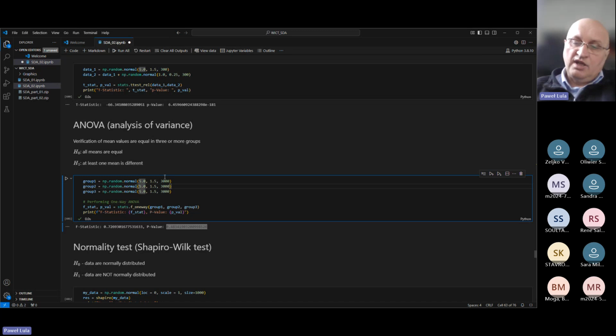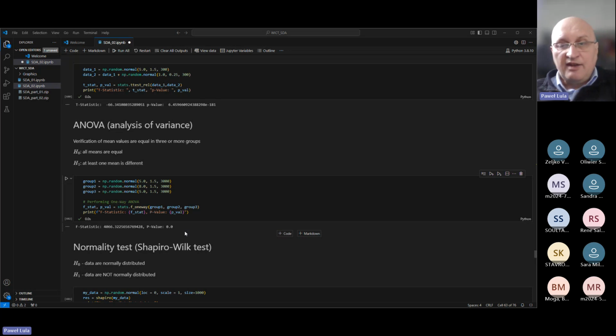But we can change one sample, maybe in this way. P-value is 0. Therefore, I should reject the hypothesis that average values are the same in every country. In at least one country, it is different.